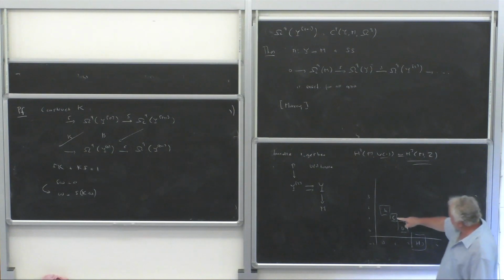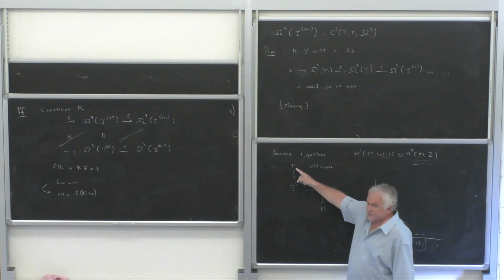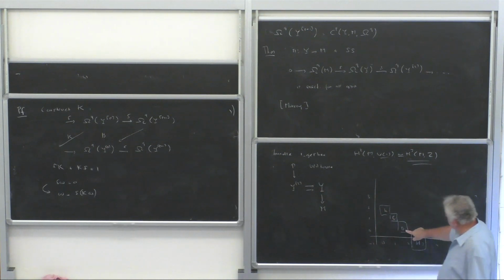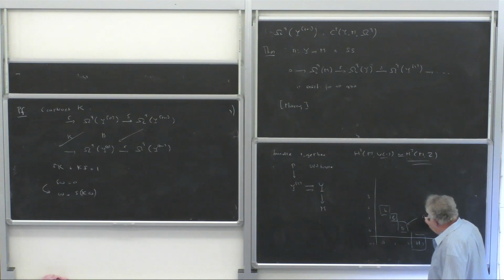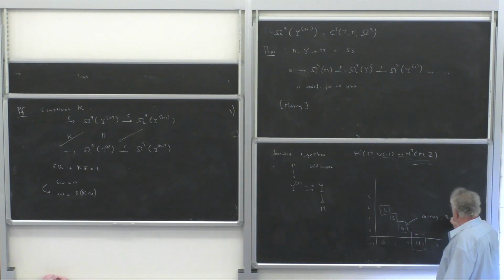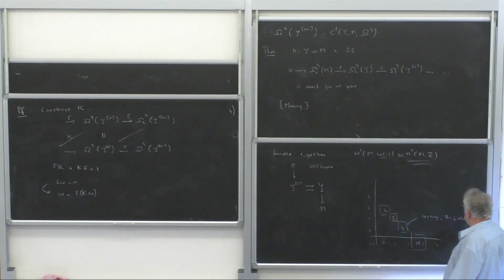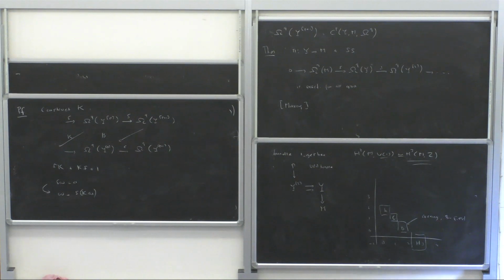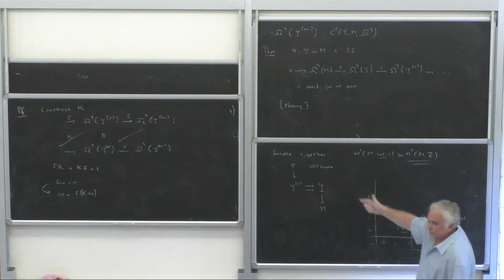So starting with a connection on this bundle P, you can construct something B, which is called a curving. I've called it B because in physics you see that denoted as a B field. It's a 2-form, for open sets a locally defined 2-form, and those are the things which couple to strings. Connections couple to point particles.